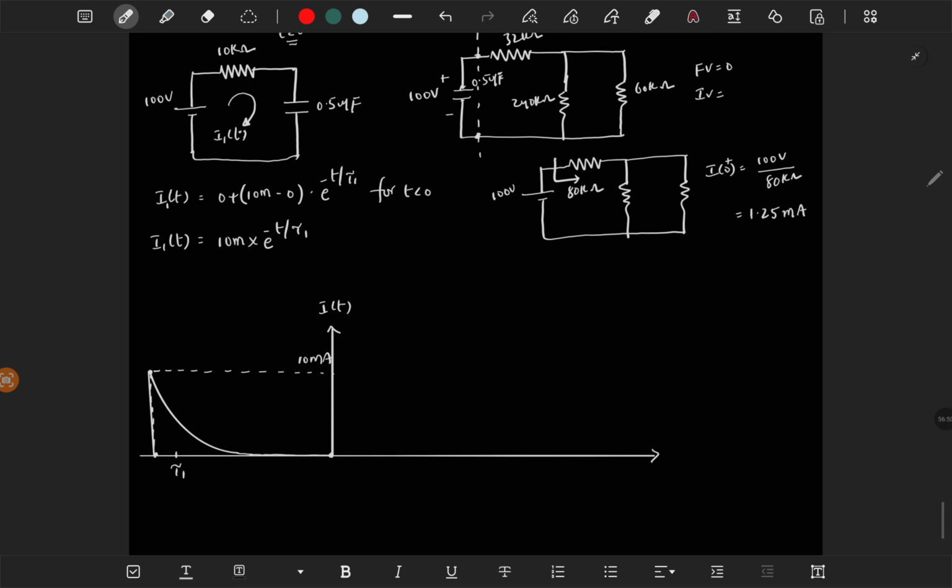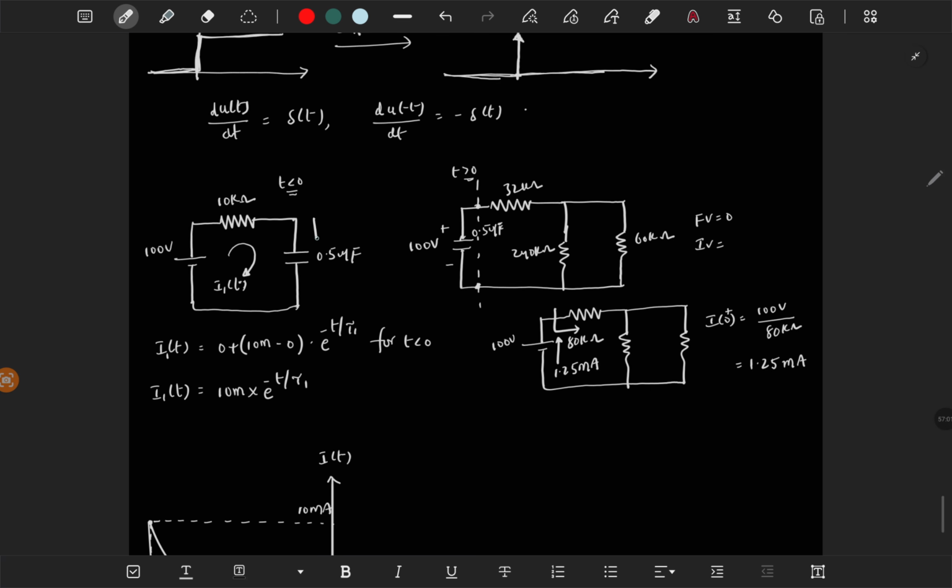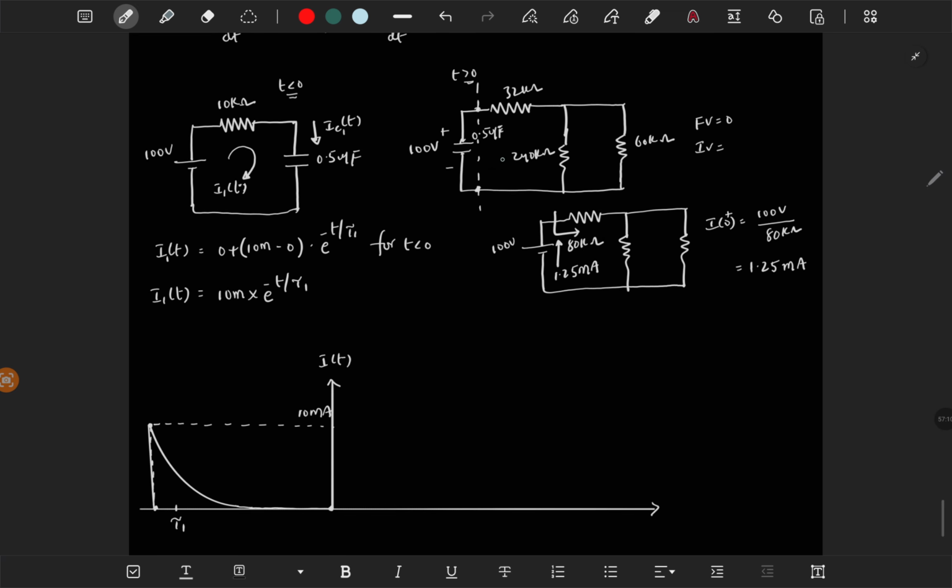And this 1.25 milliamps is in this direction, but we are considering the current through the capacitor in this direction, which is IC of t, right? So this is IC1 of t, and this is IC2 of t. If you take it in the same direction, then minus 1.25 milliamps current is flowing in this direction, right?